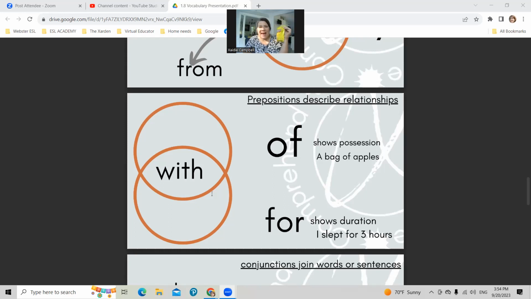Yeah. Of shows possession. This is a bag of chips. Of shows possession or composition. This is a bottle of nail polish. And for shows duration, or sometimes we use it to show that we're doing something for someone else.